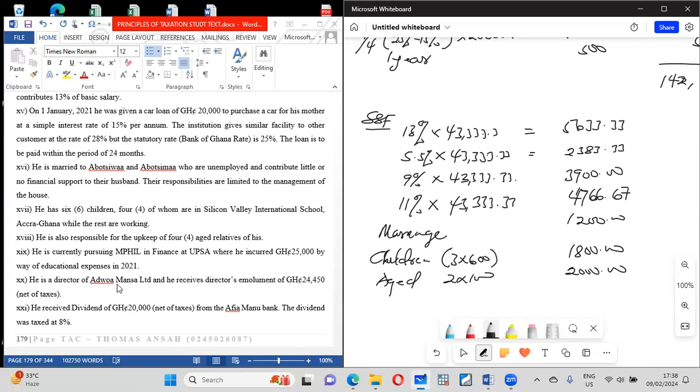Okay, so he received director's emolument net of tax. He's a director of Adwa Mansa Limited. So he has an additional emolument that he is receiving. So we will add that one later. Then he also takes a dividend. This one too is net. Okay. So we will see what we will do about those two.